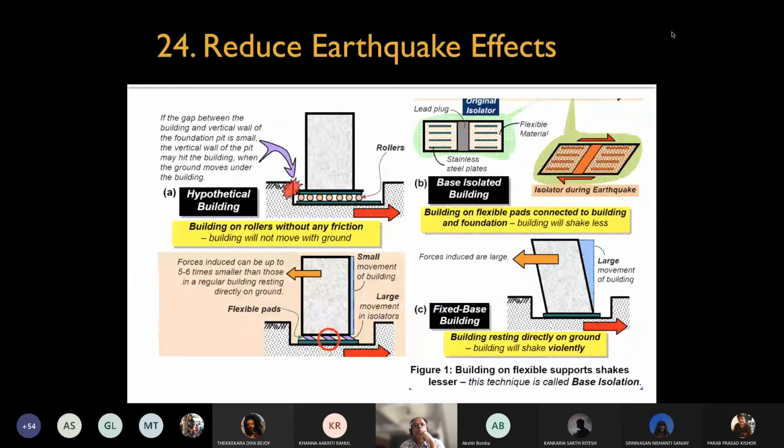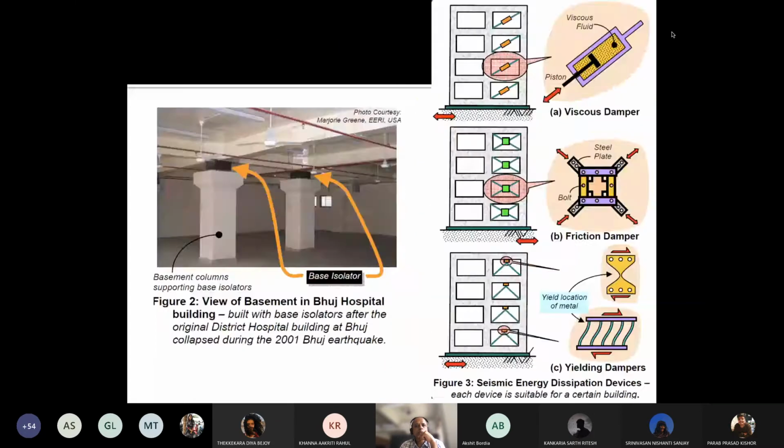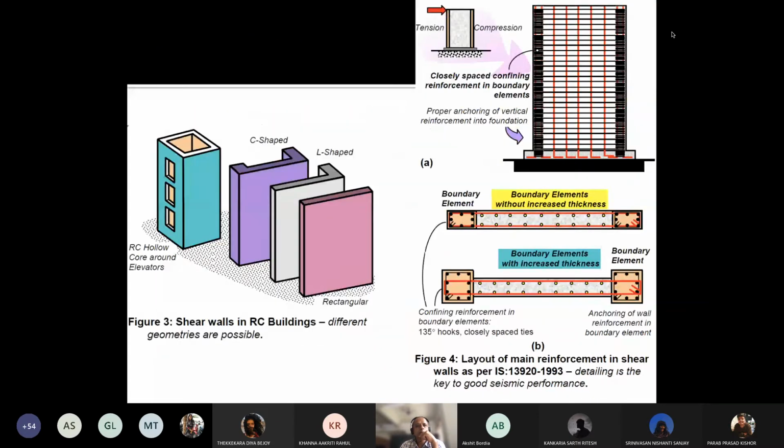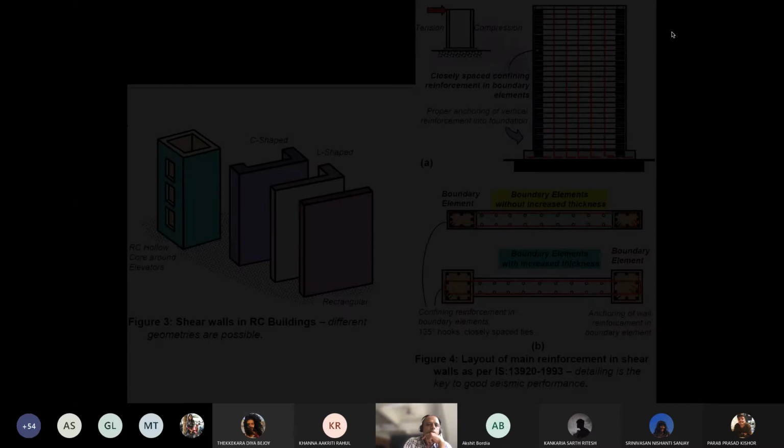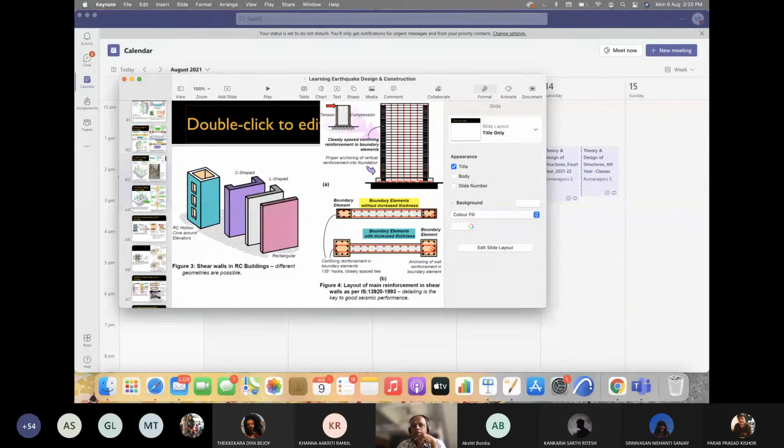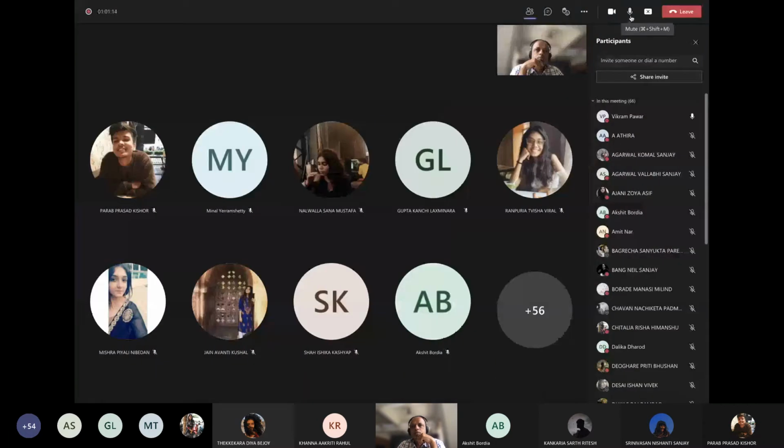So I'll pause over here. I think there are a few more slides, but instead of getting into them, I'll just pause and check if people are on page. Any responses or any queries? Are you able to follow the presentation and the discussion?